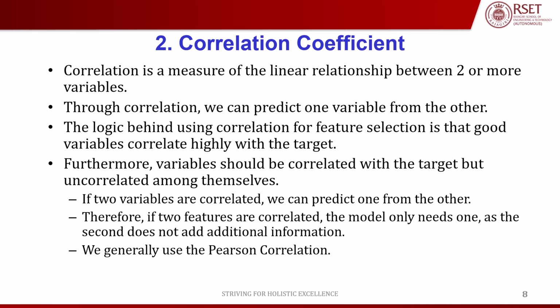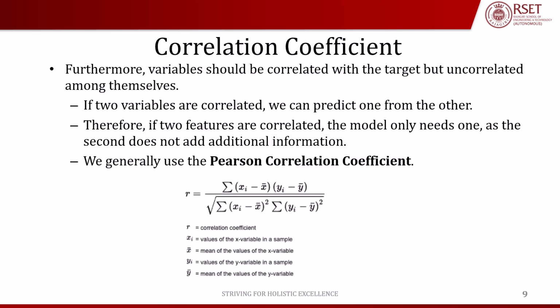The correlation coefficient that we are talking about here is the Pearson correlation coefficient, and this is the equation for it. Pearson correlation coefficient is equal to sigma of (xi minus x bar) into (yi minus y bar), where x and y are the two features, x bar is the mean of x and y bar is the mean of y, divided by the square root of sigma (xi minus x bar) all squared into sigma (yi minus y bar) all squared.